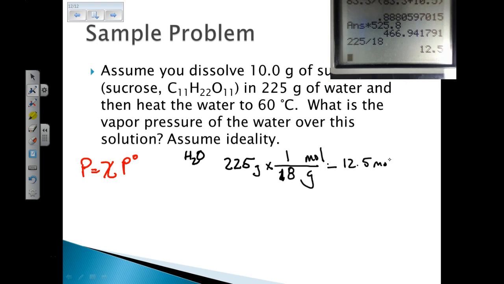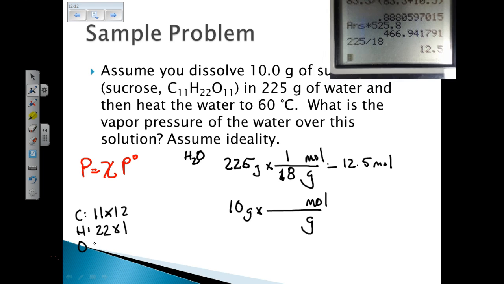So that's 12.5 moles. Now, sucrose has a different molar mass, so we're going to have to do some molar mass calculations, so grams per mole. So this is going to be C is 11 times about 12, the molar mass of carbon, and H is 22 times about 1, and oxygen is 11 times about 16.